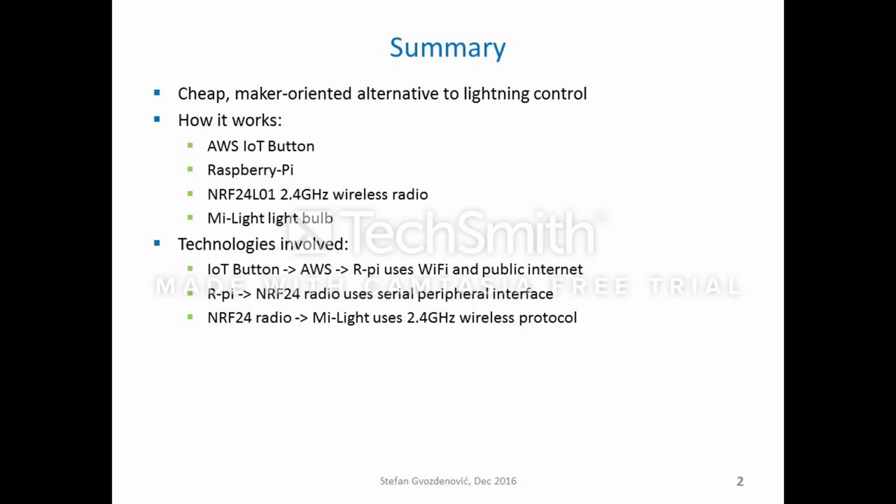The IoT button talks to the Raspberry Pi through AWS via Wi-Fi and public internet. Next, the Raspberry Pi talks to the radio through Serial Peripheral Interface or SPI. And finally, the radio talks to the light bulb using a proprietary 2.4 GHz wireless protocol.